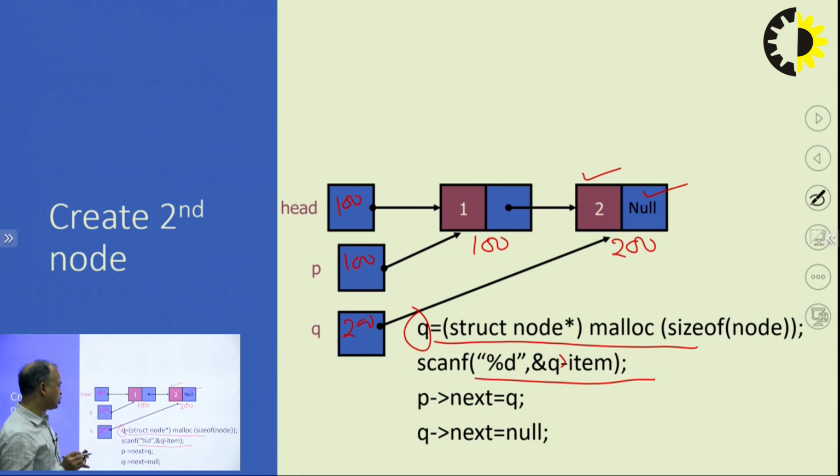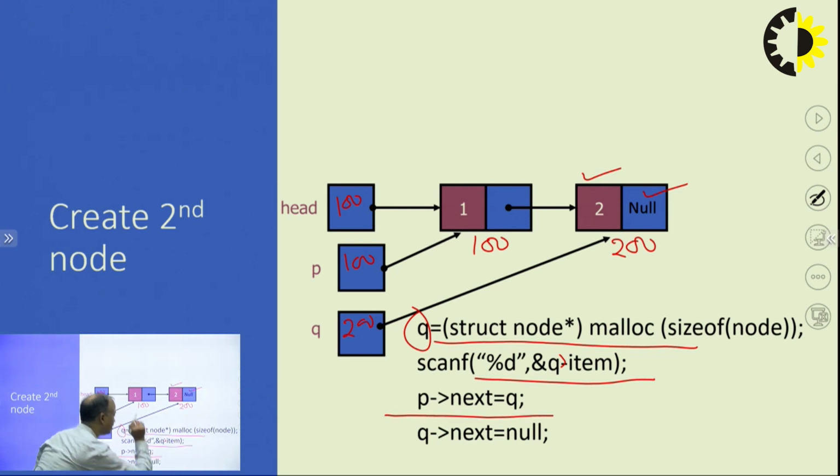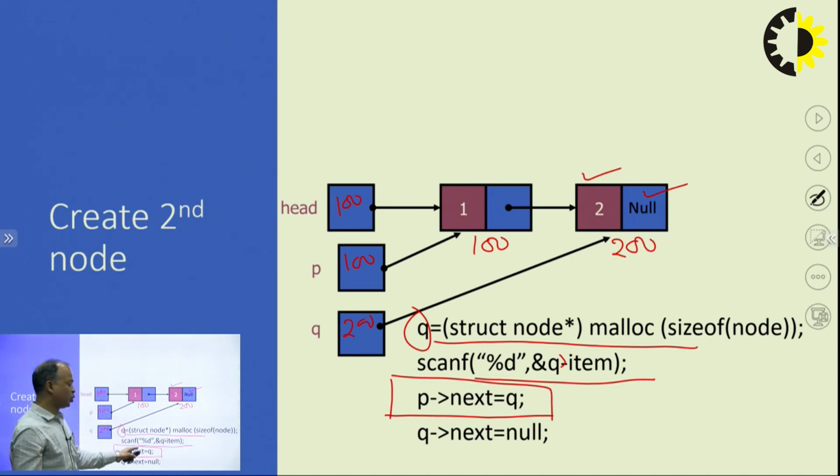Now we need to link these nodes. So linking process is here also pending, and we can link these 2 nodes by this particular line. Say here Q contains address of the second node, this is here 200, and next part of the first node should point to the address of the second node, and we can access the next part of the first node through the P arrow next value.